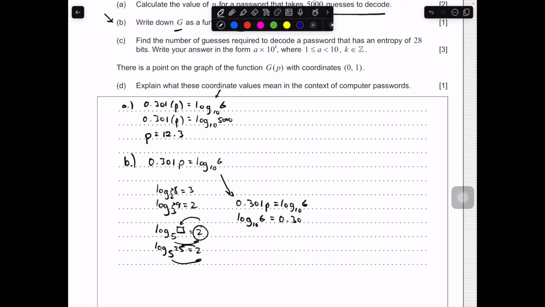What we're asking is, 10 raised to what power gives us g? 10 raised to the power of 0.301p gives us g. And now we've got a situation where g is in terms of p.